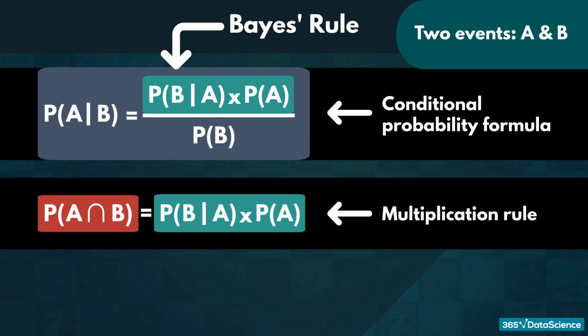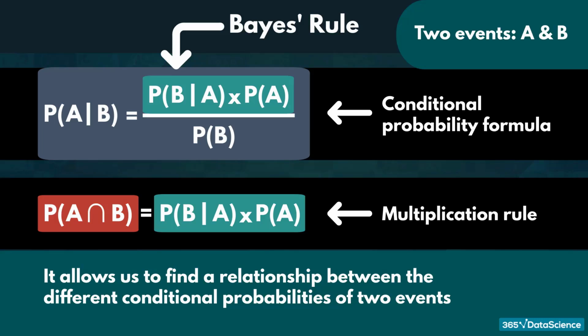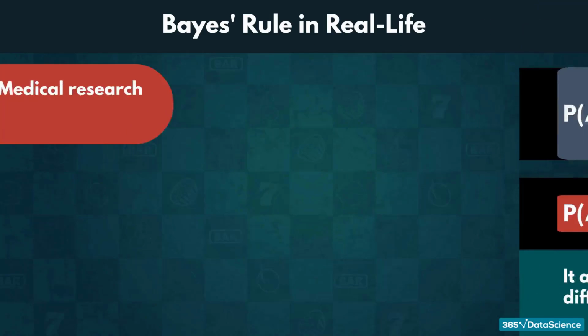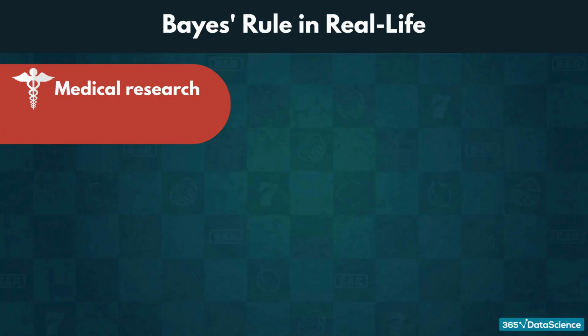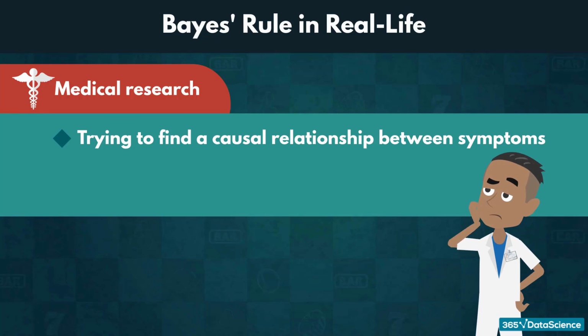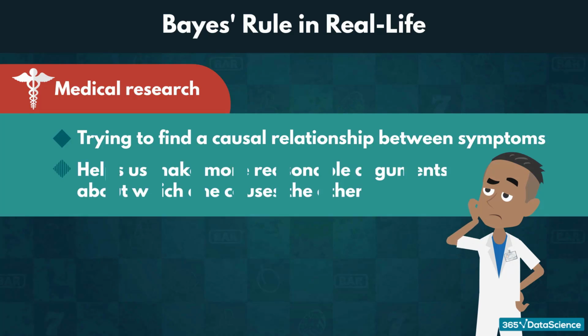It is crucial because it allows us to find a relationship between the different conditional probabilities of two events. One of the most prominent examples of using Bayes' rule is in medical research, when trying to find a causal relationship between symptoms. Knowing both conditional probabilities between the two helps us make more reasonable arguments about which one causes the other.